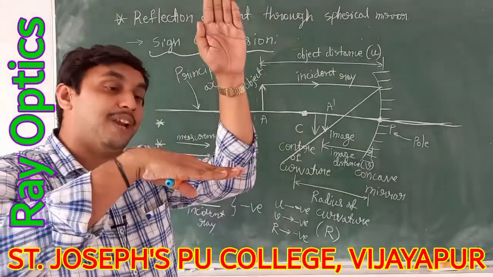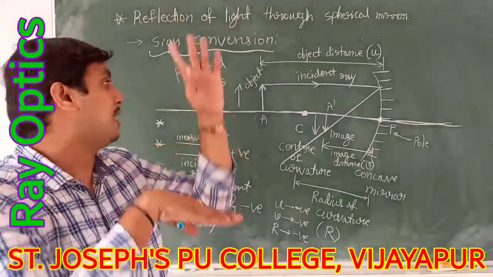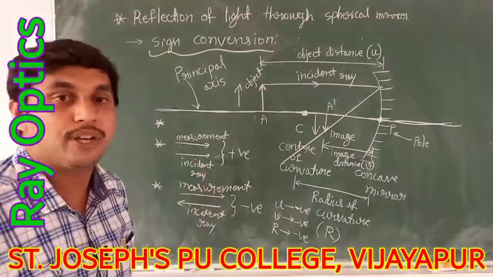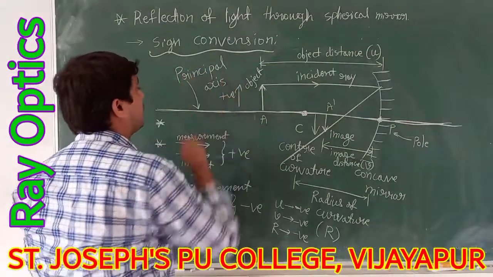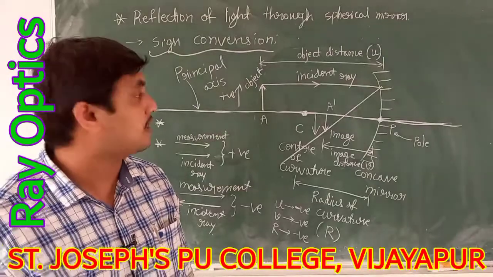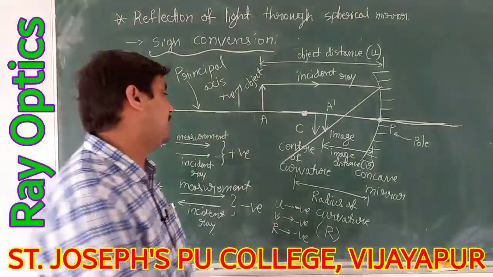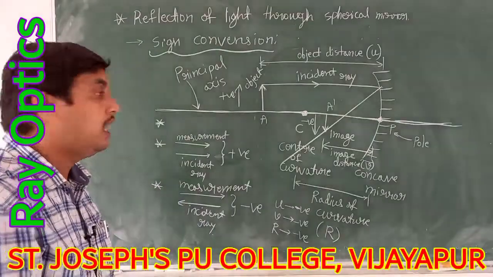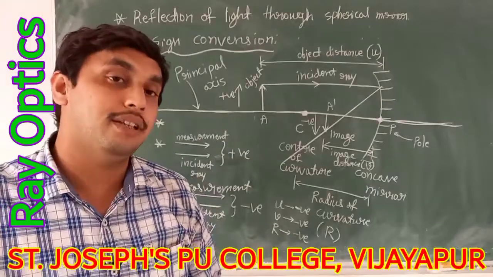If you are measuring perpendicular distance above the principal axis, that is considered positive. If your measurement is below the principal axis, also in the perpendicular direction, that is taken as negative. Above the principal axis is positive, below the principal axis is negative.